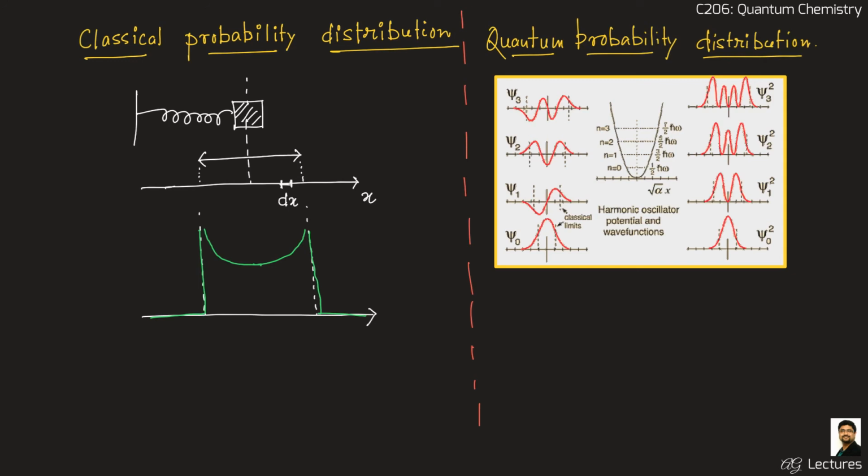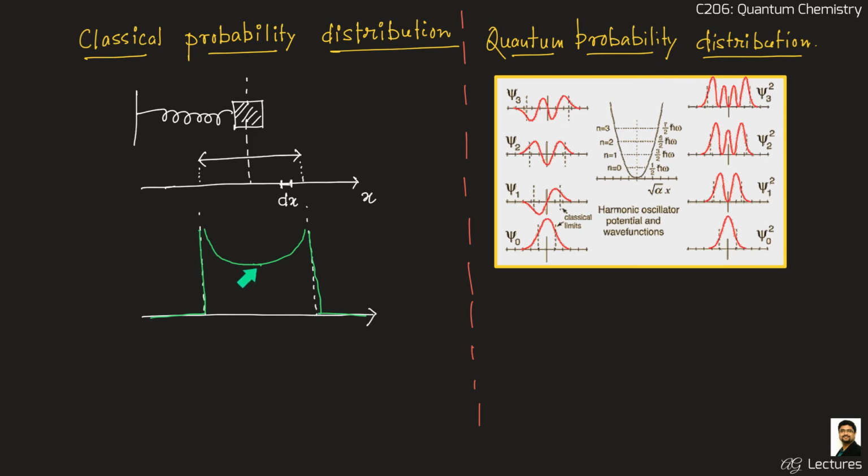I have taken this picture again from Wikipedia. It's a nice picture where we have got the psi 0, psi 1, psi 2, and psi 3, and their corresponding squares, right? These are real functions, so it doesn't matter whether you are taking a mod square or direct squares. What we find is that, at least looking at the ground state, psi 0, the probability distribution is of this form, right?